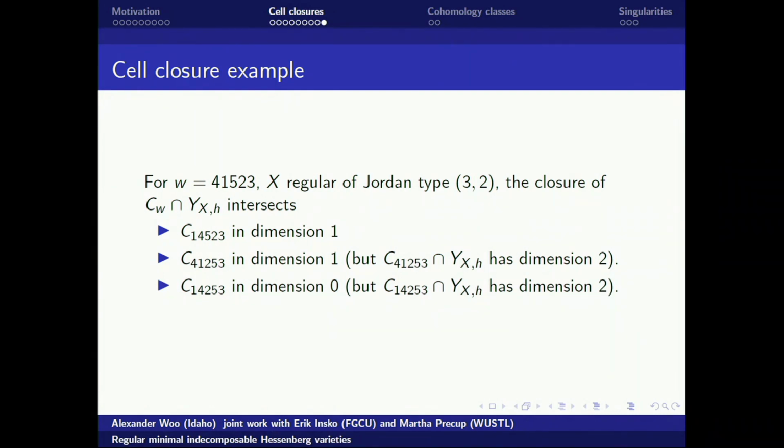All the descents here were descents here. 4, 1, 2, 5, 3, you swap the 2 and the 5. Well, now you have one descent left, but you somehow produce an extra descent. That descent doesn't count. But that extra descent tells us that this cell inside the Hessenberg variety actually has dimension 2. So not the whole cell is inside the closure, only one dimension of it is. And then you can flip both and same thing.